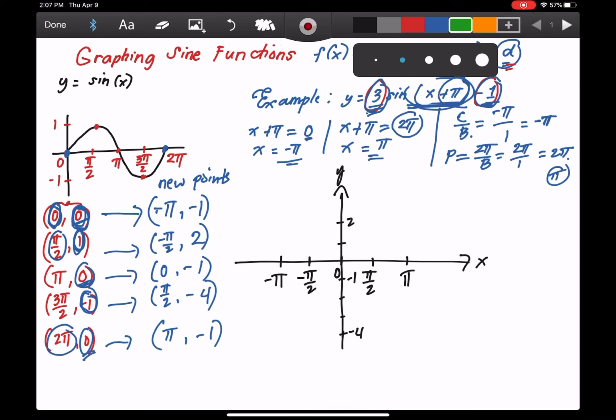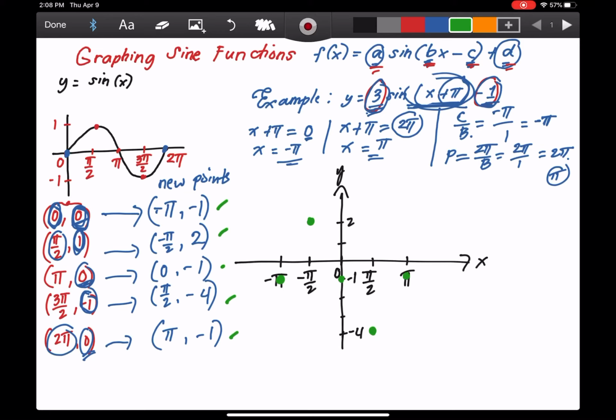At negative pi, negative 1 is going to be here. At negative pi over 2, positive 2 is there. At 0, negative 1. At pi over 2, negative 4 is going to be here. And we're going to end at pi, where negative 1 is going to be here.